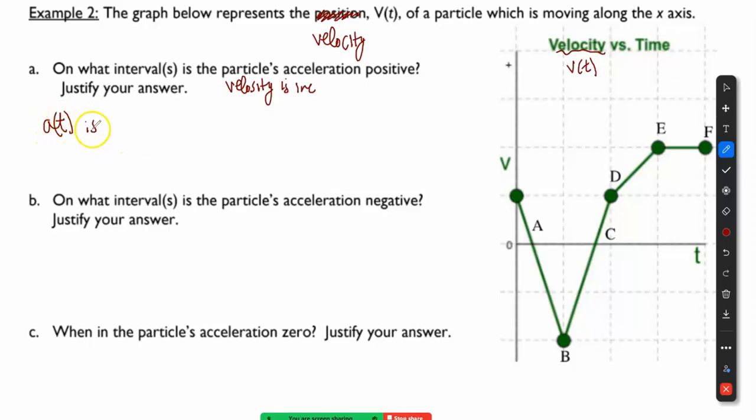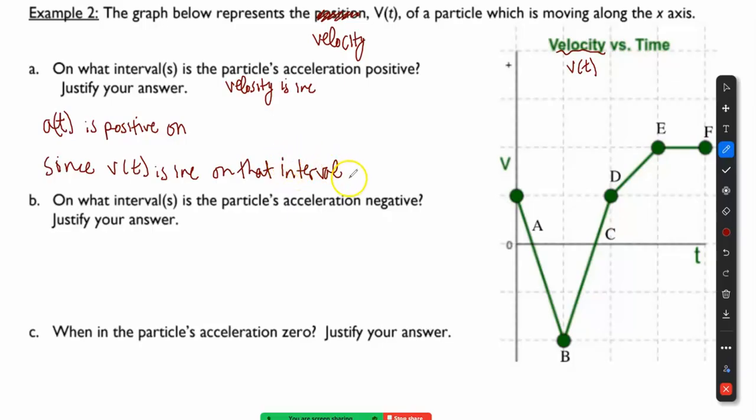So acceleration is positive on, and we're going to say the intervals here in seconds. So since velocity is increasing b to d and d to e.